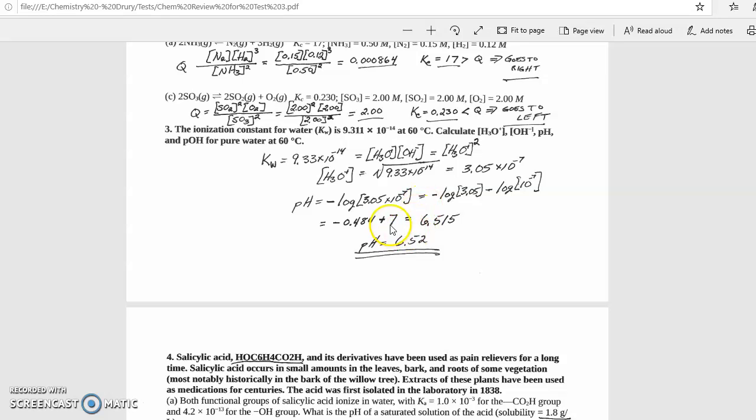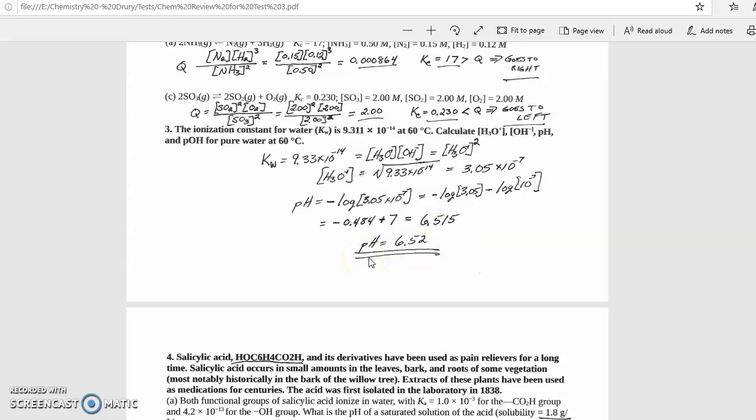The pH is going to be 6.515, right? Minus the log of that concentration, okay? And this is how you work that out. Minus the log of 10 to this, whatever that number is here, gives you a whole integer, the whole integer 7. This right here is just the minus log of this, so the log of this with a minus sign in front of it ends up being 6.515.